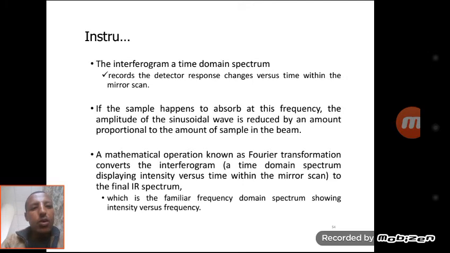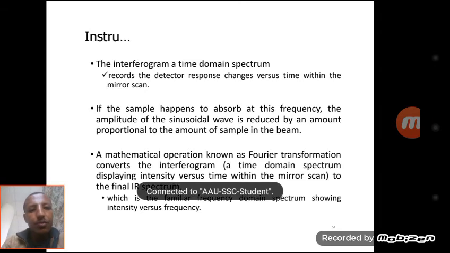A mathematical operation known as Fourier transformation converts the interferogram, a time domain spectrum displaying intensity versus time within a mirror scan, to the final IR spectrum, absorption or transmission versus wave number or frequency, which is the familiar frequency domain spectrum showing intensity versus frequency.